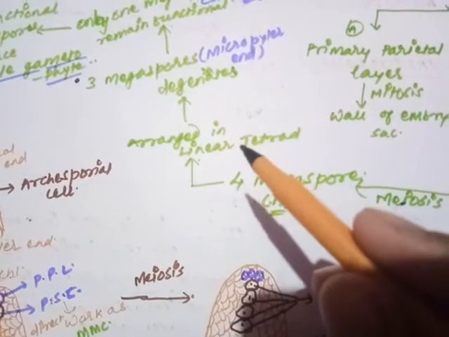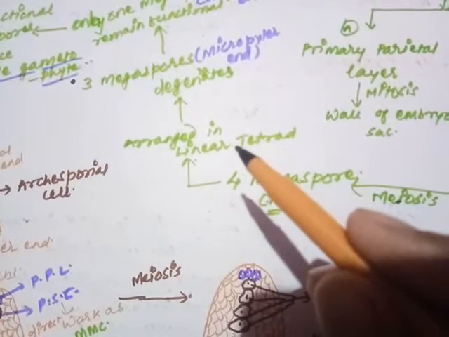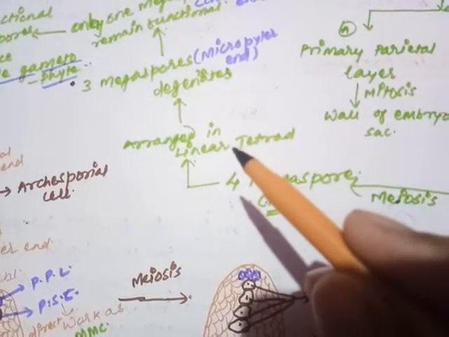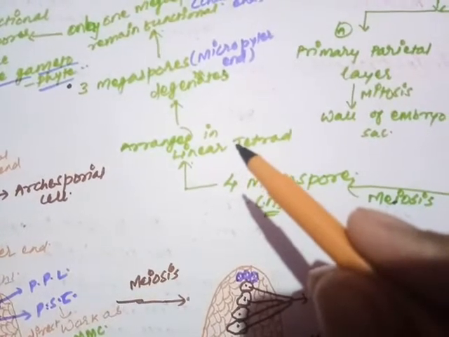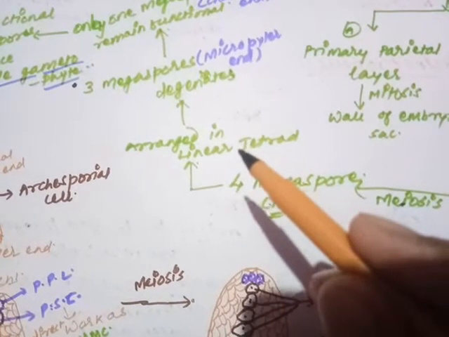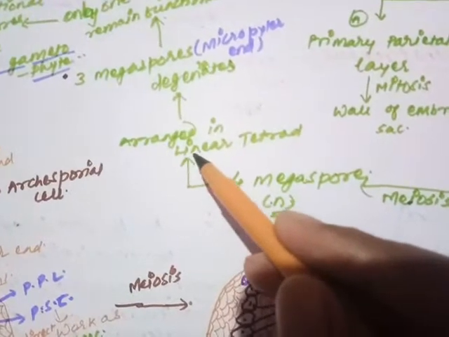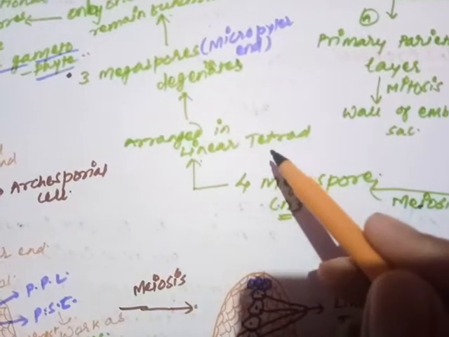Remember, we have seen different types of arrangement of the 4 microspores, somewhere tetrahedral, somewhere isobilateral, somewhere decussate, somewhere linear, but here all the megaspores are arranged in a linear tetrad only.